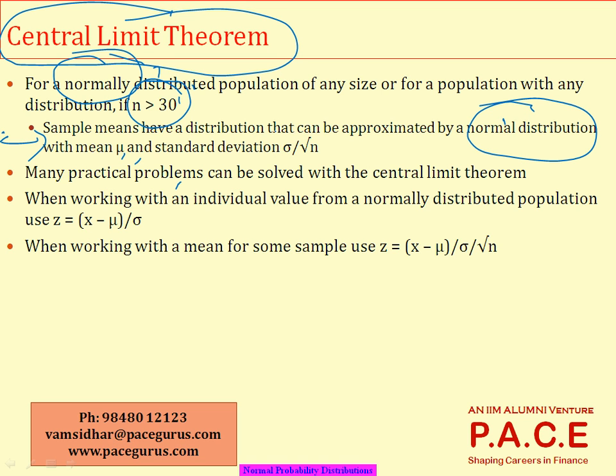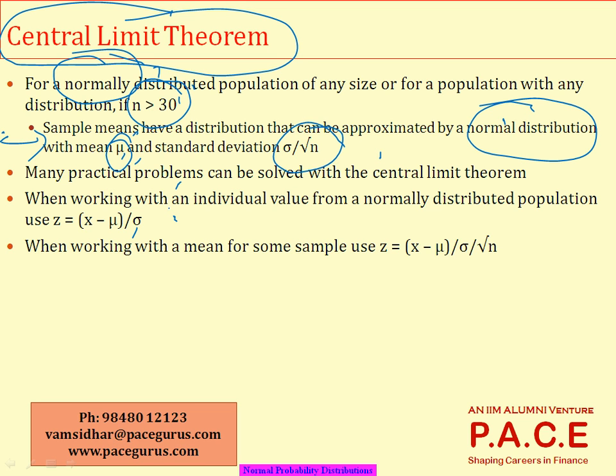The sample means of any distribution, if I am taking a sample size of at least 30, will be approximated to a normal distribution with a mean equal to the population mean and a standard deviation equal to sigma by root n, where sigma is the population standard deviation.